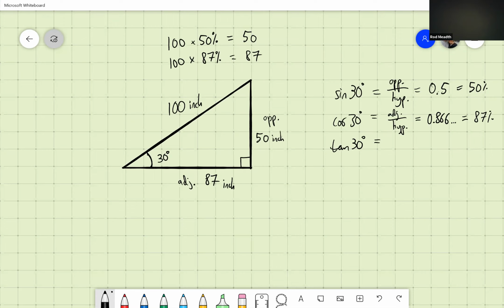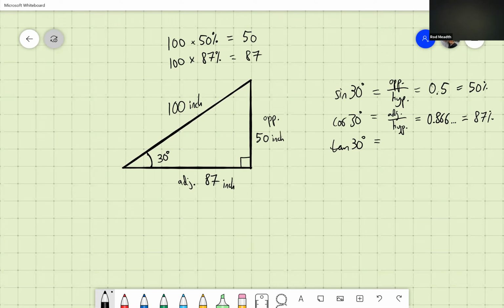The hypotenuse I gave in one significant figure. So when I wrote 50 inches, that's acceptable because I preserved only one significant figure, the 5. But when I wrote 87, I was actually giving it a little more precision than I should have.